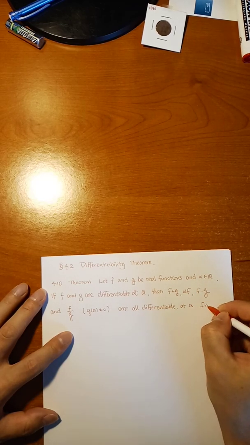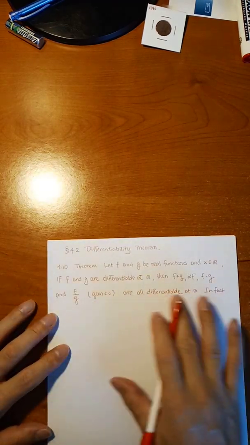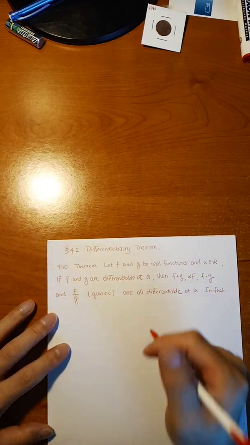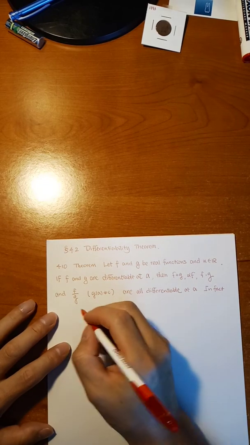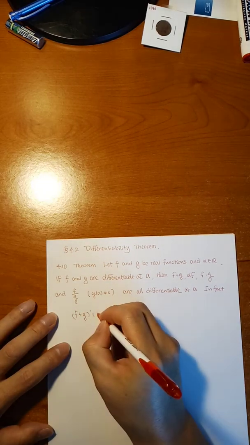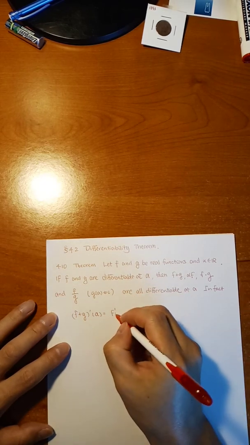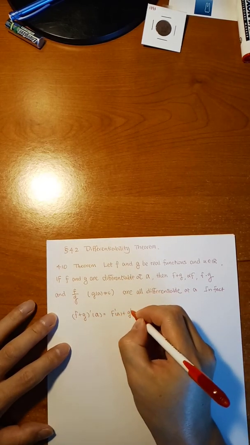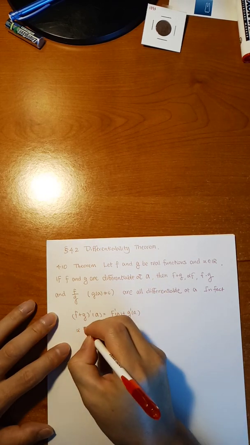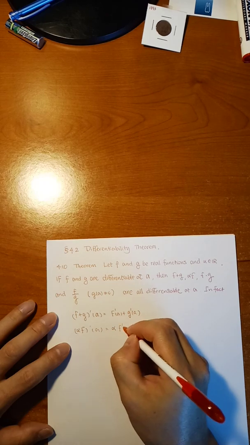And in fact, we have some further relations. Here we only say the derivative exists. In the second part, we will have the concrete relations among derivatives. The derivative of the sum is the sum of the derivatives. The derivative of a scalar multiple is the scalar multiple of the derivative.